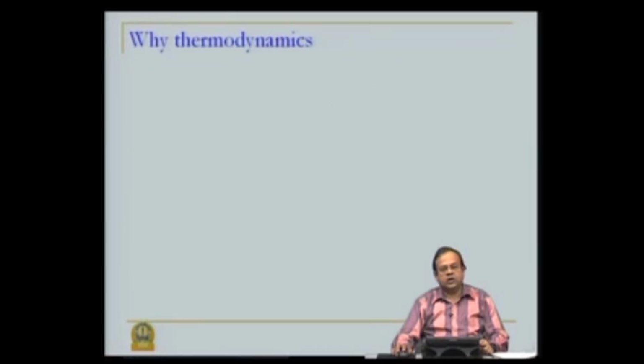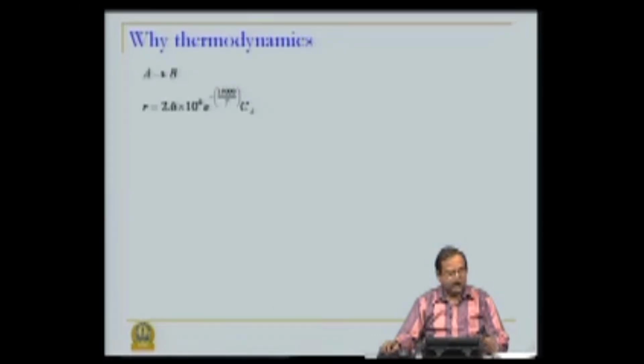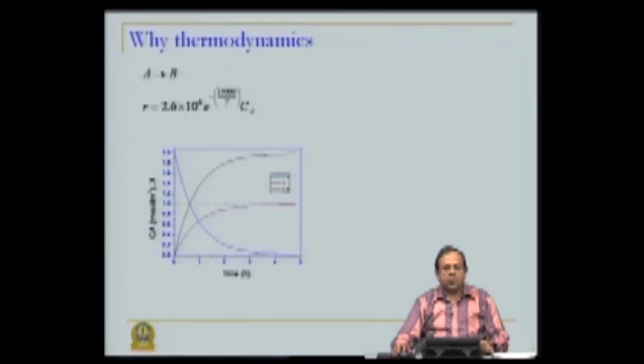Let us take an example to illustrate why thermodynamics is important. Let us say that we have this reaction A going to B, or A1 going to A2 if you like to call it, and it proceeds with a certain rate as represented over here. And we can carry out this reaction in a batch reactor and monitor the concentrations of A, that of B, and also the conversion in the reactor.